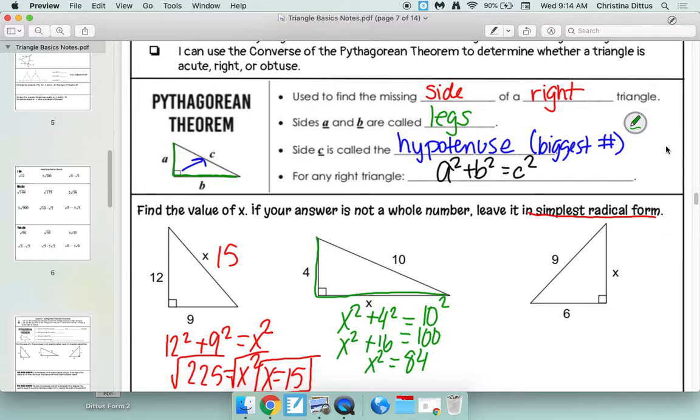No. So when I take the square root of it, what number goes into 84 that is a perfect square? Four goes in there. 4 and what? 4 and 21. So pull out that square root of 4 and I get 2 square roots of 21. Good.